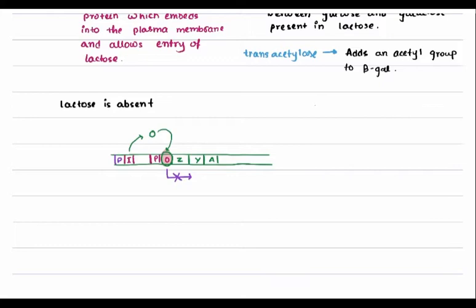In other words, once the operator is bound by the repressor molecule, that is lac I, let me write it down, lac I, then the RNA polymerase cannot bind to the promoter, and hence the transcription is not done.